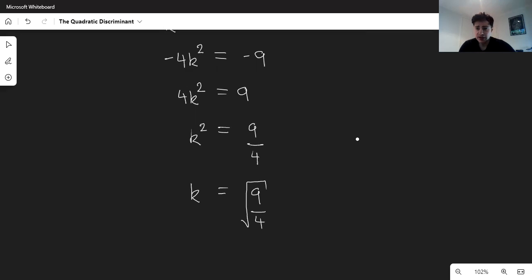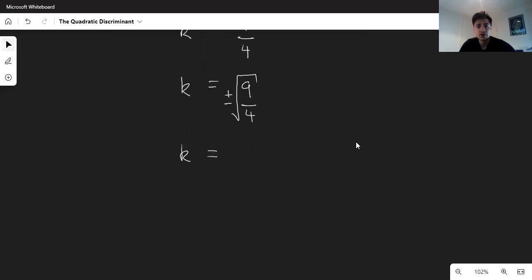okay, this will be our solution for k, except we just have to quickly remember that when we take the square root, there are two possible answers, positive and a negative of that. So the square root of 9 over 4 is equal to the square root of 9 divided by the square root of 4, which is 3 over 2.